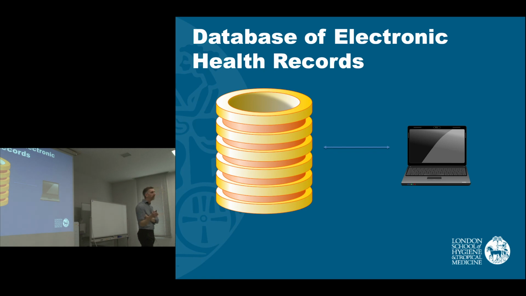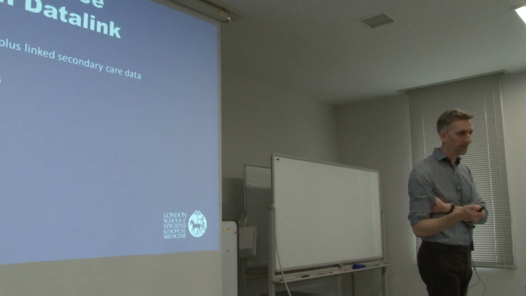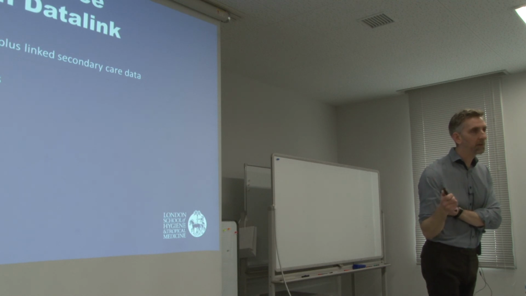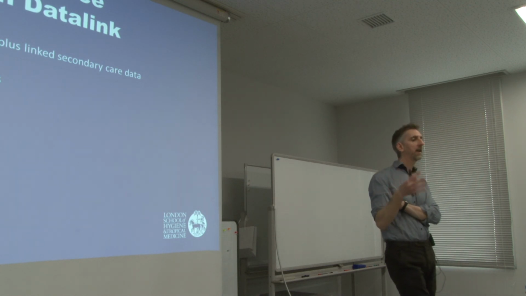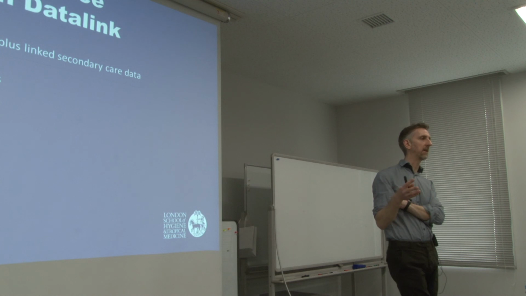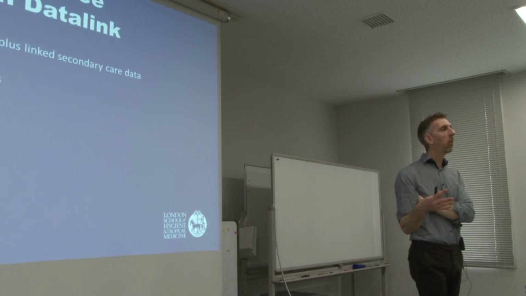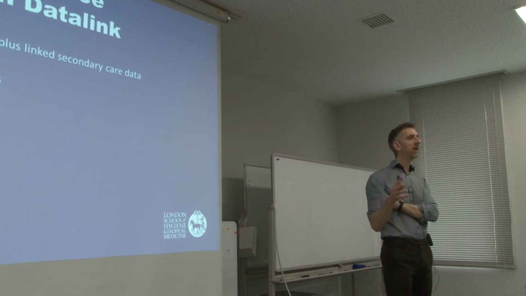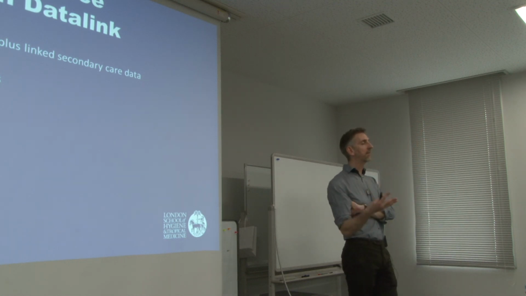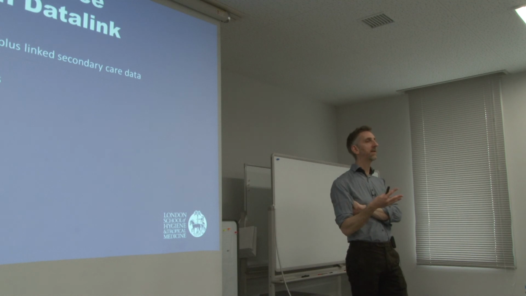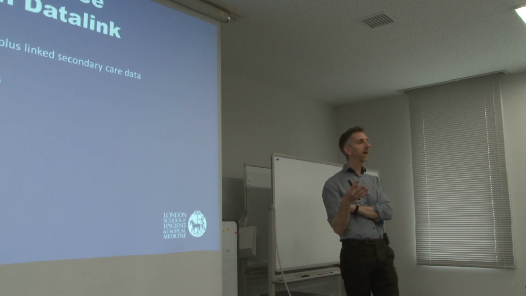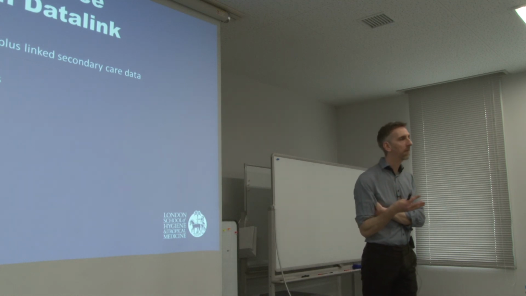Well, fortunately, there are lots of databases available containing these electronic health records where we can do these kinds of studies. And the example I'm going to give you, because it's the one I know, is the Clinical Practice Research Data Link. So it's a UK-wide database which contains primary care data and a little bit of linked secondary care data.